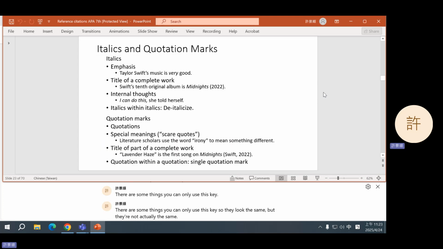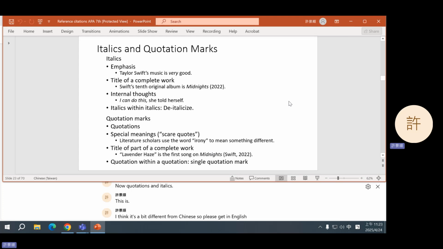Okay. Now, quotations and italics. I think it's a bit different from Chinese, so please pay attention. In English, italics are used for a number of things. The first one is emphasis. In Chinese, to emphasize something, we put it in quotation marks.